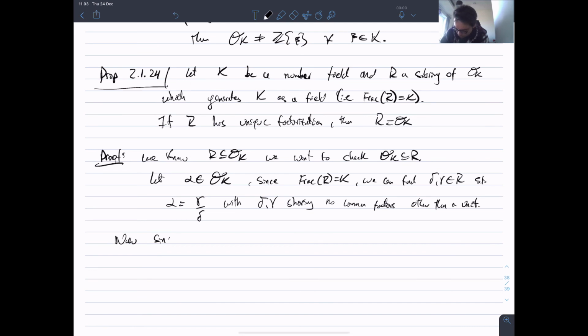Now, since alpha is an algebraic integer, it satisfies some monic polynomial.